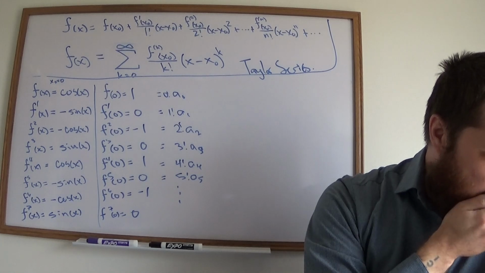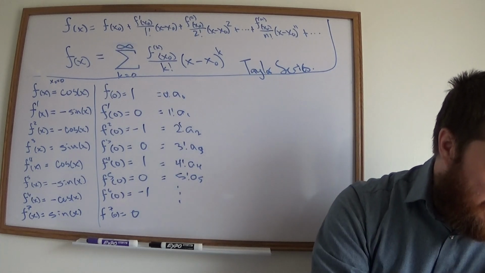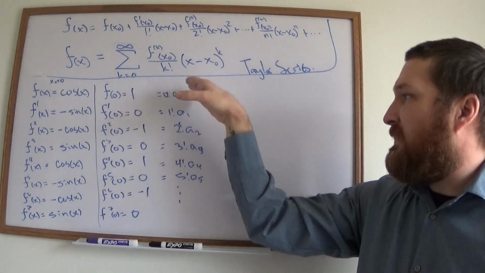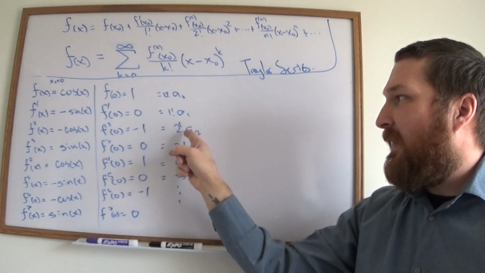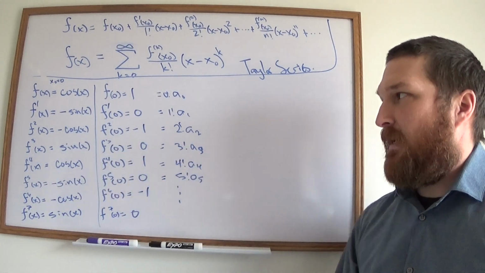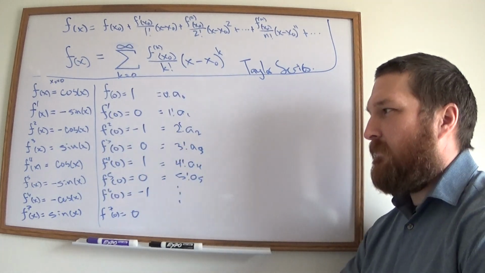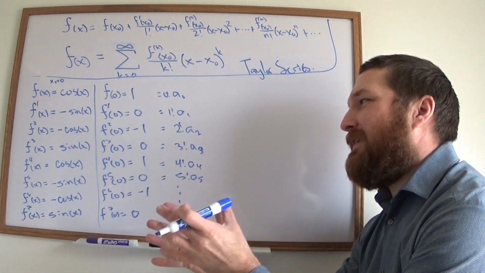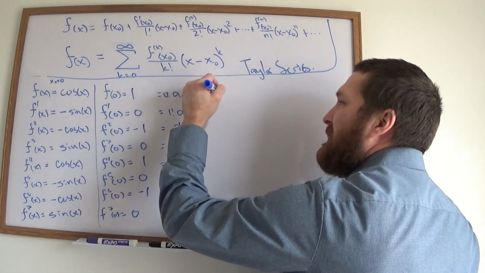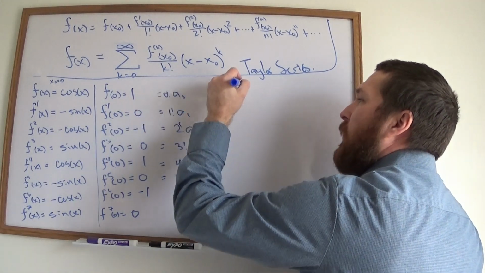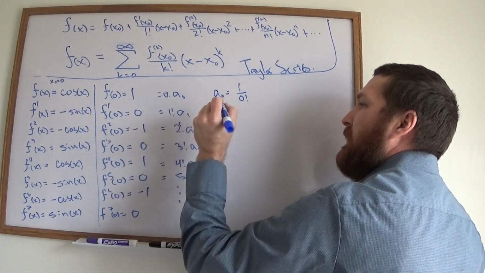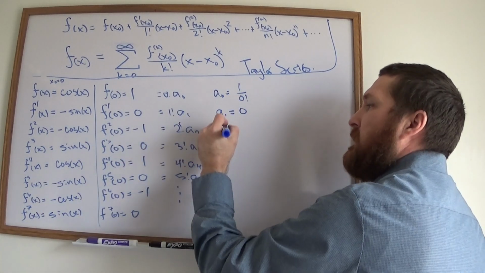Each one of those Ak's is just the derivative divided by the factorial of the order of the derivative. So A0 is 1 over 0 factorial. A1 is your 0, who cares?